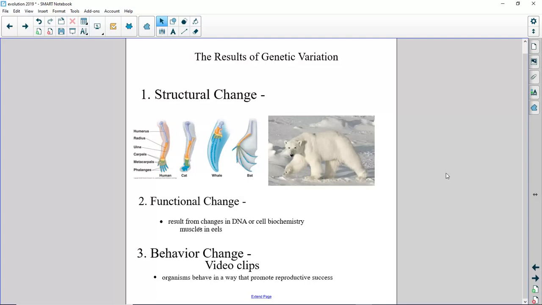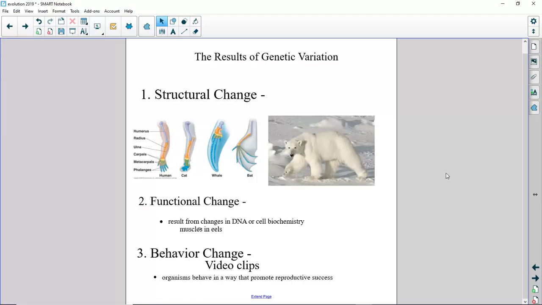I'm going to give you a good example. All working muscles give out a tiny electrical impulse, as we know from the nervous system. In some eels, however, the electrical output has evolved into an adaptation that actually helps it to capture food, and that is an important thing to keep in mind.